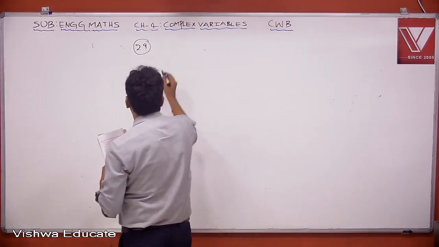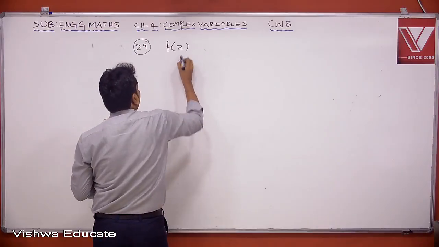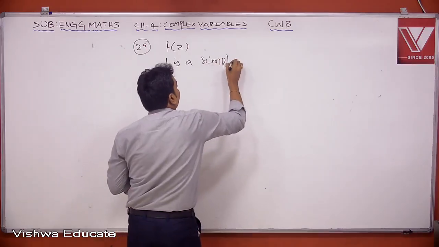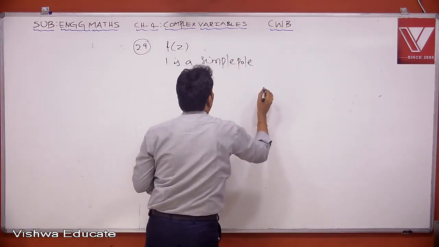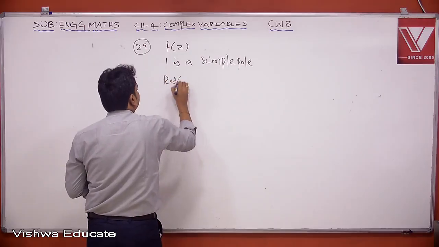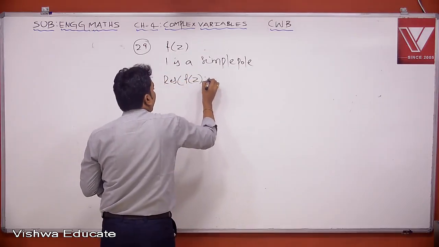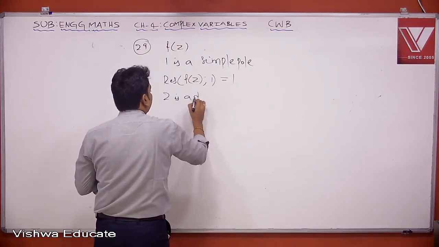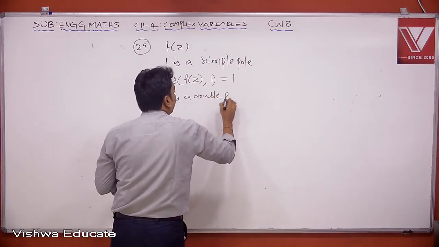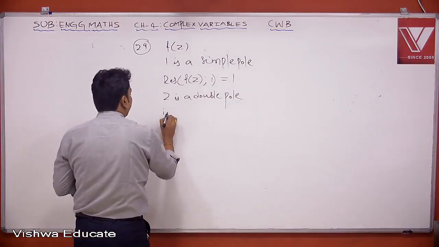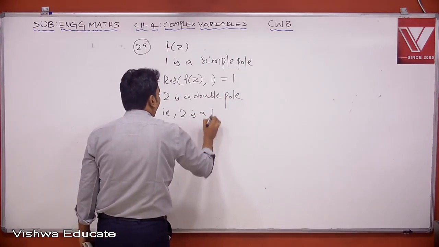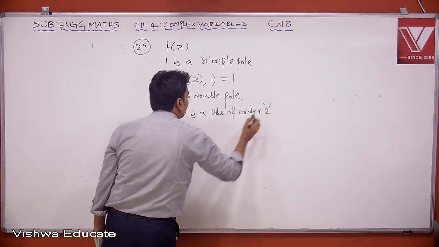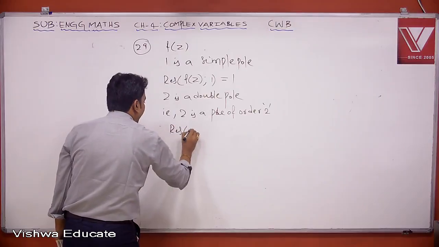So what is my function data? f of z is my function. 1 is a simple pole and the residue of f of z at 1 equals 1. 2 is a double pole, that is, 2 is a pole of order 2 and its residue is given like this.